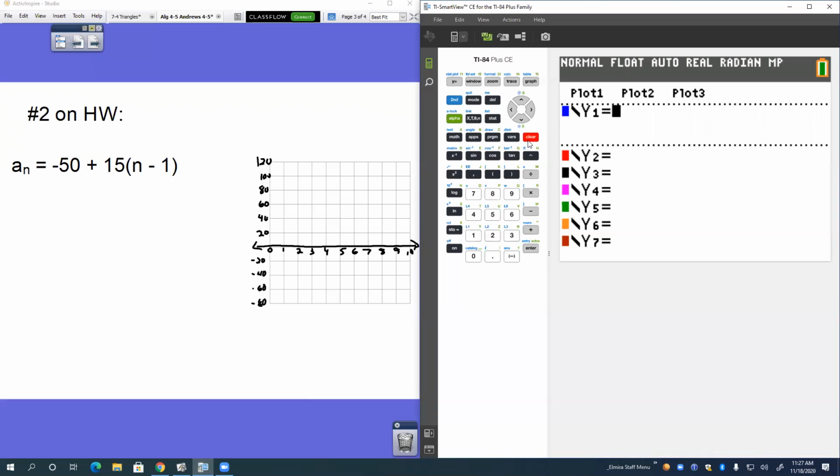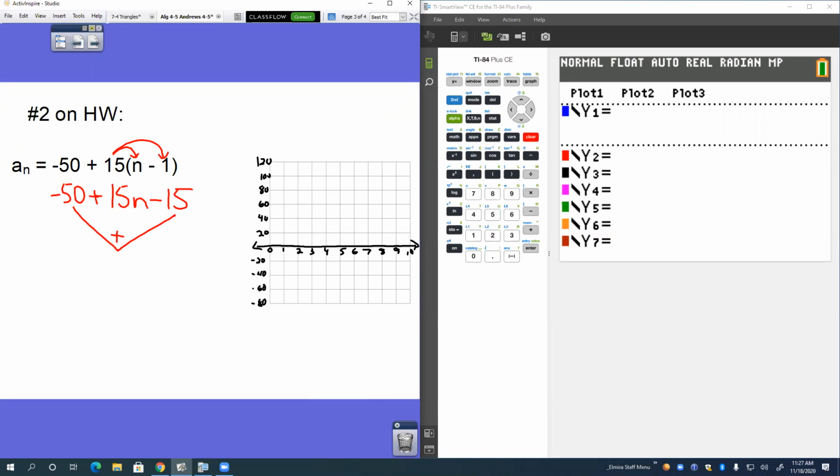So again, when it's an arithmetic sequence, all that you have to do is distribute. So 15 times n is 15n. 15 times -1 is -15. Just bring down our -50 and our plus sign. We want to add together our like terms.